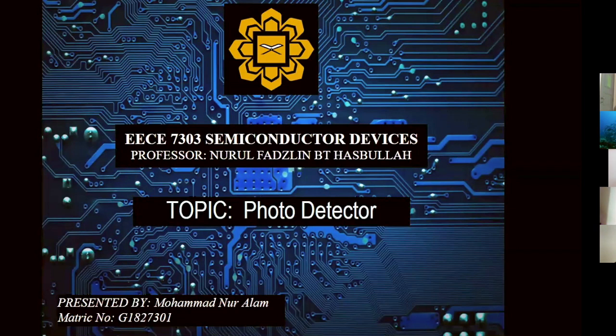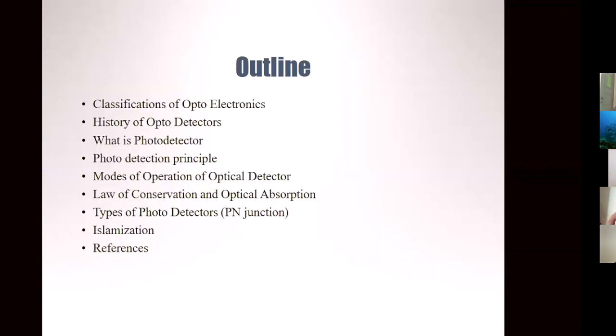Respected professor and brothers and sisters, Assalamu alaikum wa rahmatullah. Today I will present on photodetectors. So let's go to the outline. Here I will cover classifications of optoelectronics. Basically, photodetector is under optoelectronics.